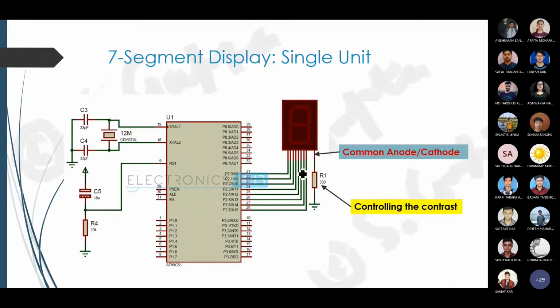This way, we have a common anode, controlling it, connected to port 2. Sometimes we need to connect pull-ups so that we do not have an interfacing or interference problem, and the logical deviation problem.